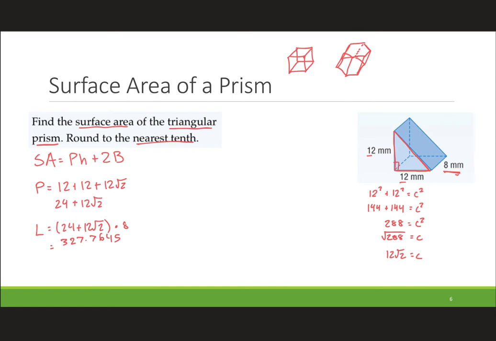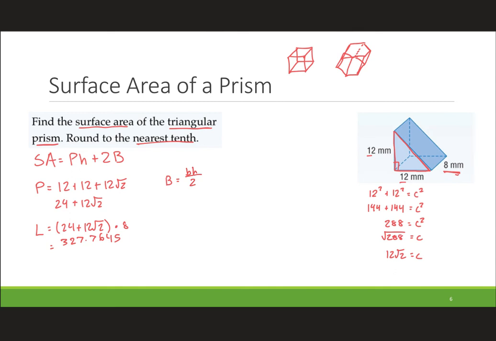And I need to find the area of my base. And since the base is a triangle, it's going to be the equation base times height divided by 2. Now again, I'm going to point out the difference between the lowercase b and the uppercase b. So the lowercase b stands for the base of the 2D figure, not the base of the prism. Capital B is the base of the prism. Okay, so one more time.